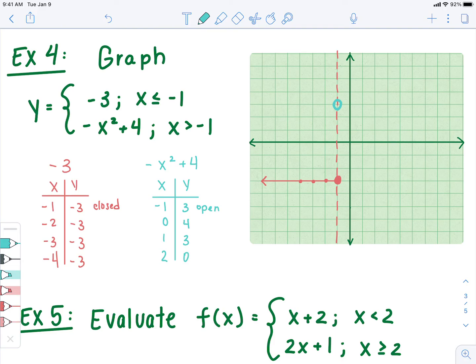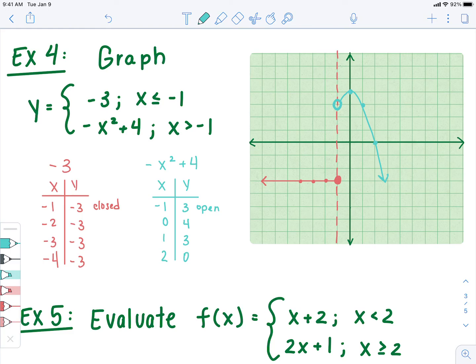Then I'm going to go 0, 4, 1, 3, and 2, 0. And I've got my graph, I've got my two pieces, I'm good to go.